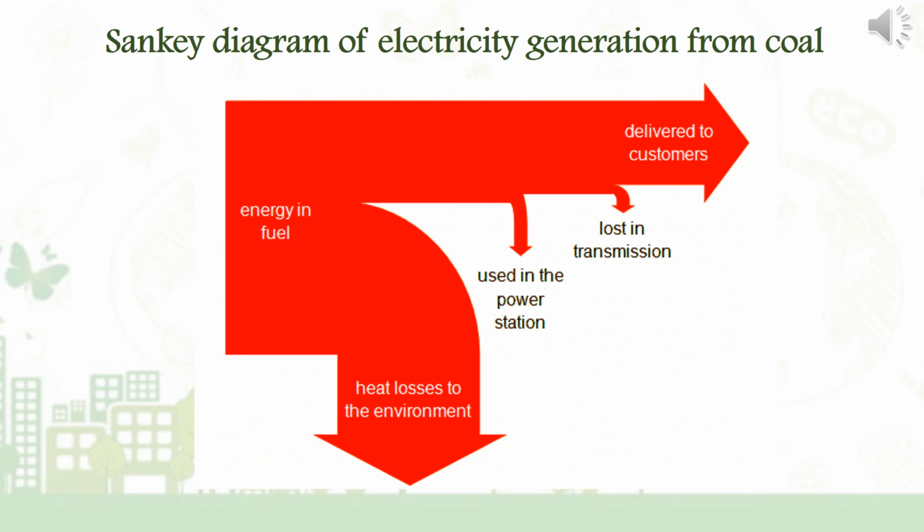So to use this energy efficiently, we always have to produce appliances, and use these appliances and plants more efficiently without wasting the energy.